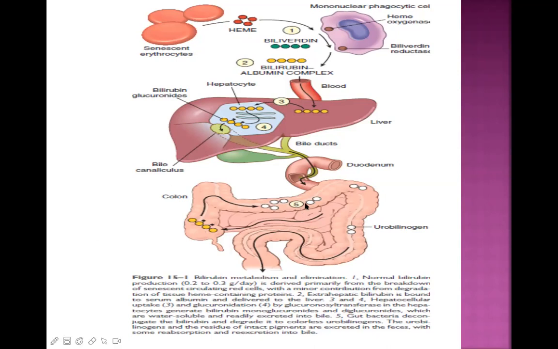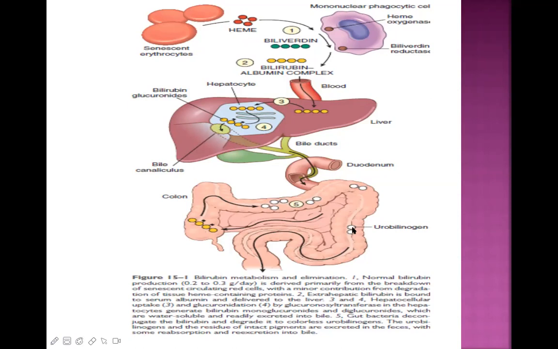Now, the bigger conjugated bilirubin will be degraded again into a smaller one. Some of them will be converted into unconjugated bilirubin as well, which is absorbed, and then undergoes enterohepatic circulation. Now, the rest of the bilirubin will be converted into urobilinogen.